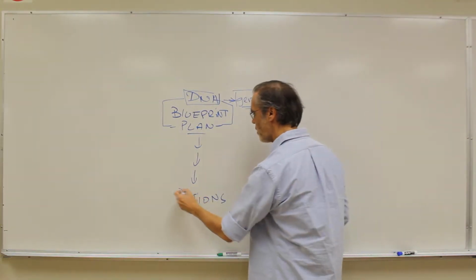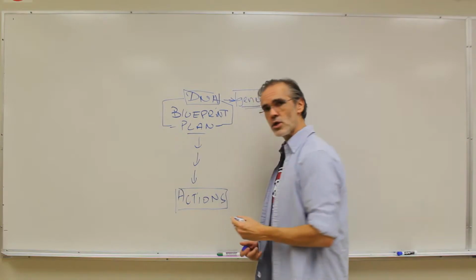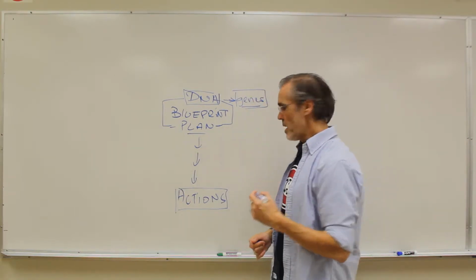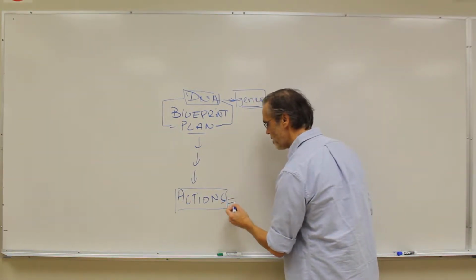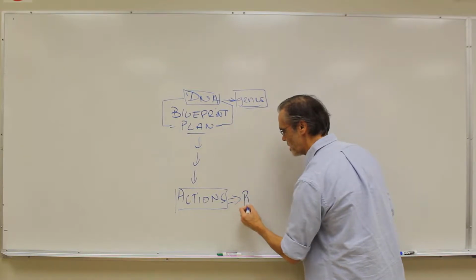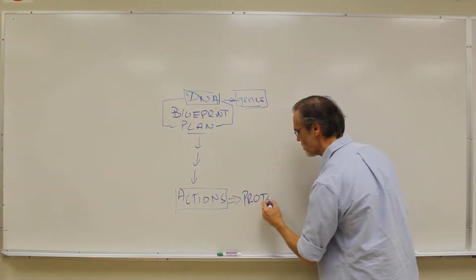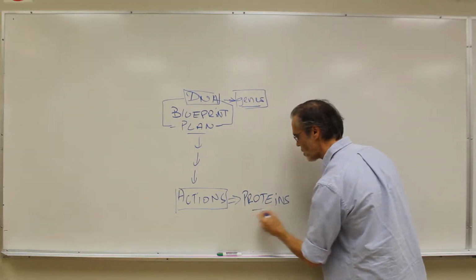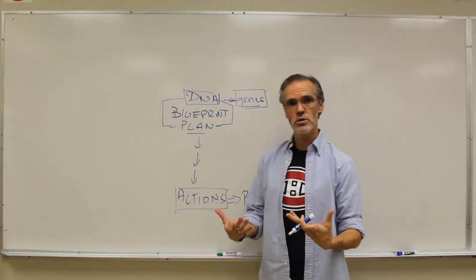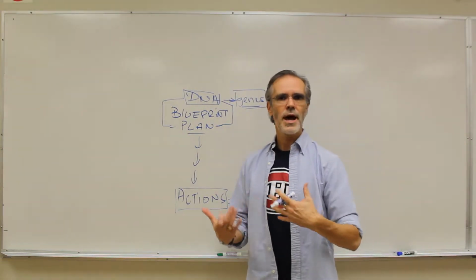Those are all actions, and the actions of any cell are done via proteins. So the proteins are actually the workers of the cells. This is where the action is done.